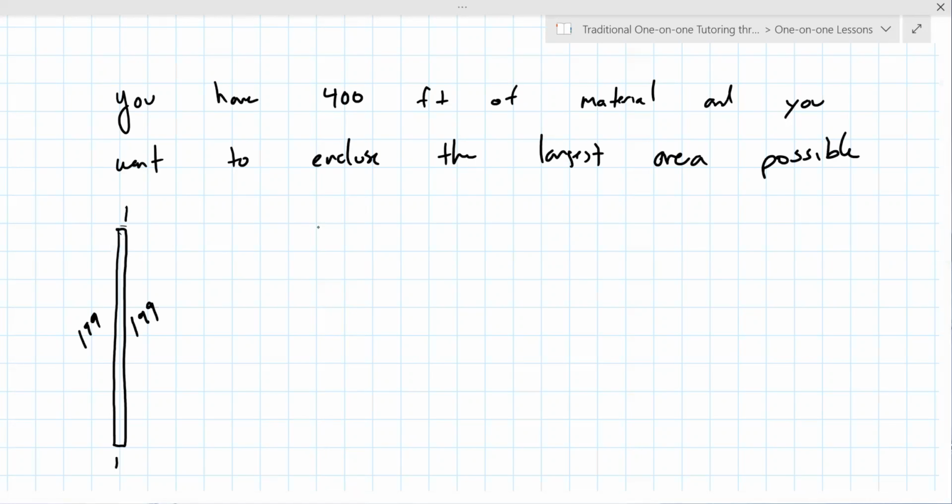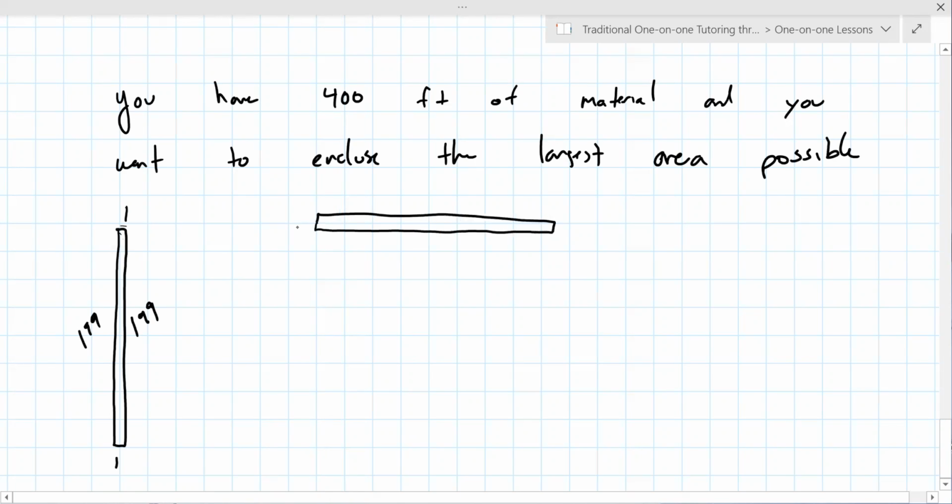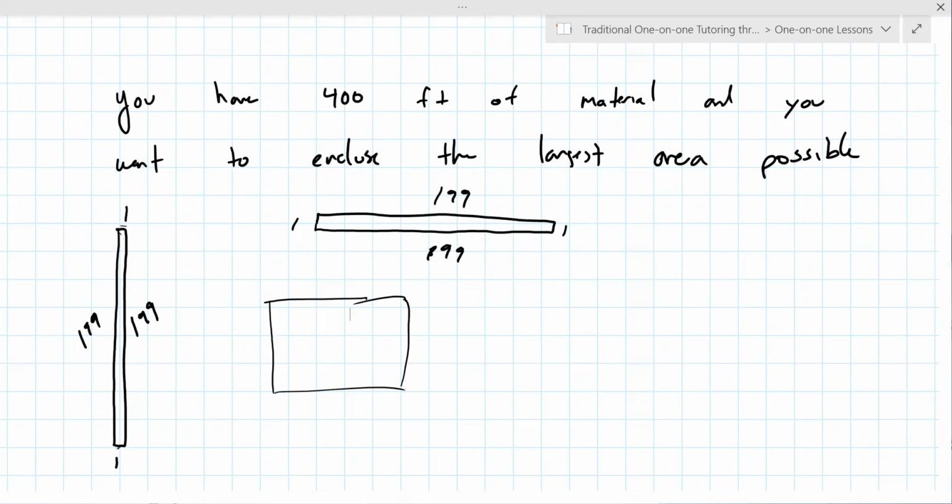Or you could go the other way, which ends up being the same area, but I'll just draw it here: 1, 1, 199, 199. And these both have the same area. They're basically the extremes. But do you see, maybe you can visualize this, like imagine pulling this bottom or this top to make it wider. There's probably something in the middle here that's better. Do you agree with that? Yeah. Okay.